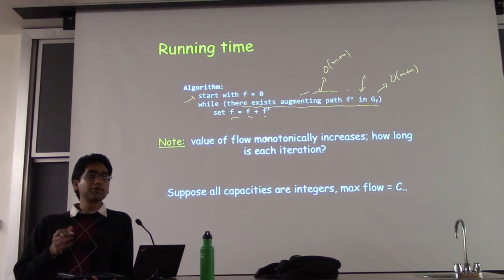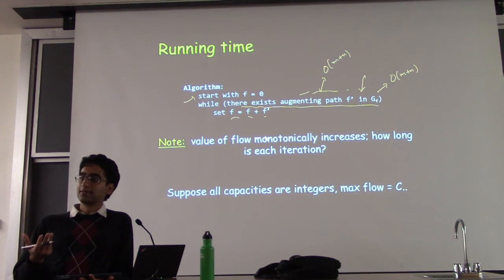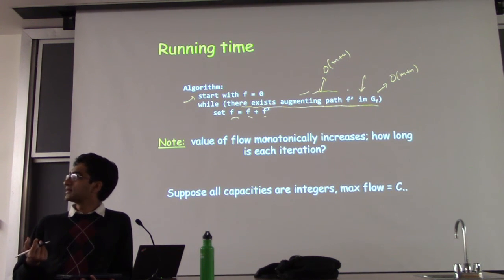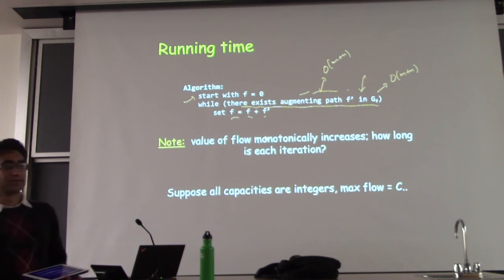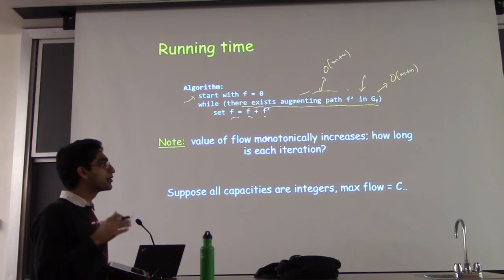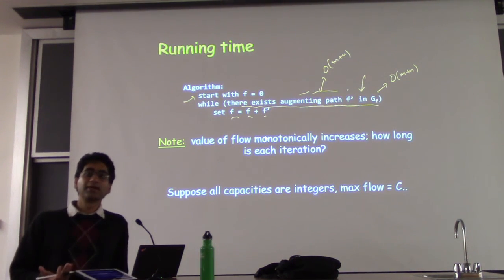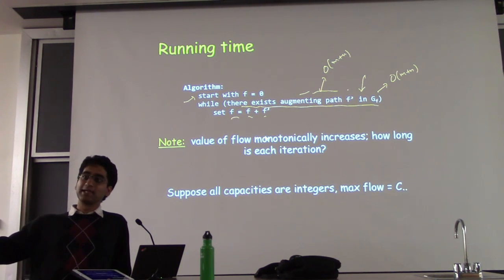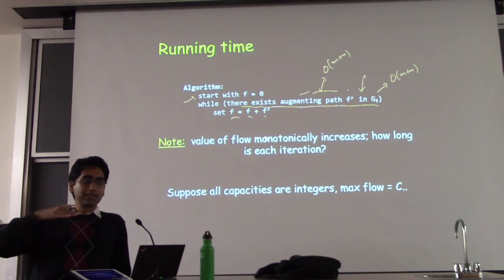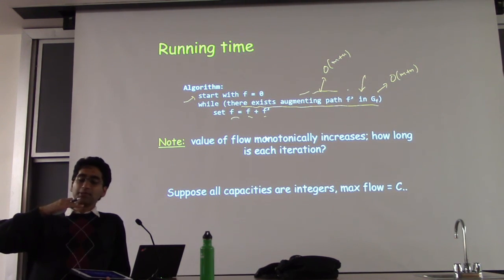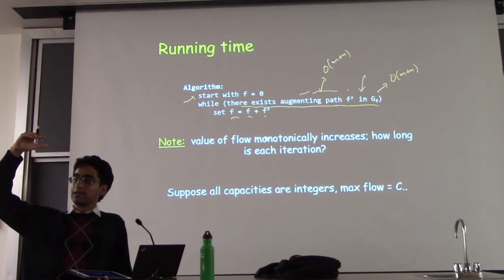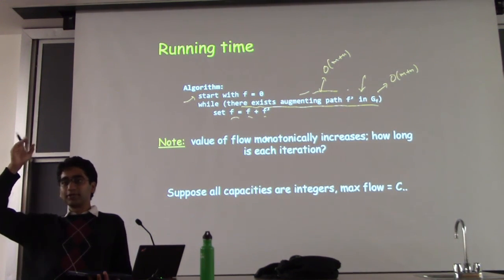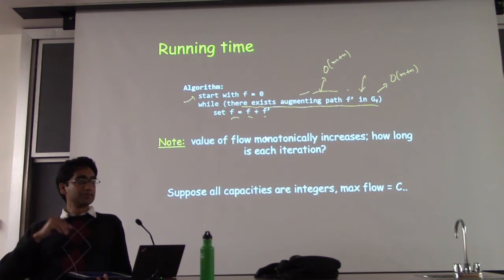But how do you bound the number of iterations here? This is the other common thing that shows up. When you have an algorithm that's making progress, you've got to be able to quantify how much progress you're making, so that will bound the number of steps it can take. At every step, the value of the flow is only increasing, and it can't increase forever. So how much can it increase to?